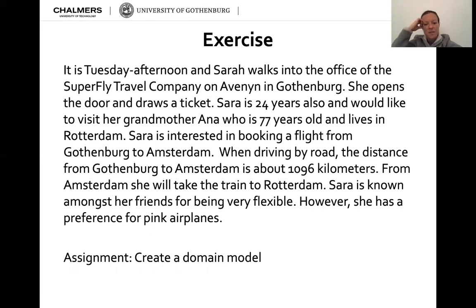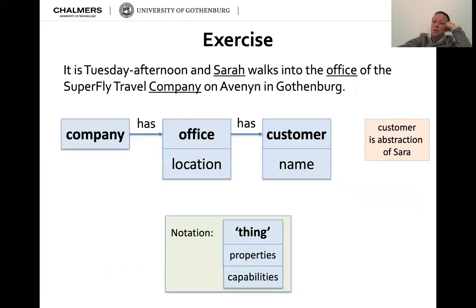The assignment for this is create a domain model. How are we going to get started on that? What do we say we'd have to start looking for? Things. So let's just start with that first sentence.